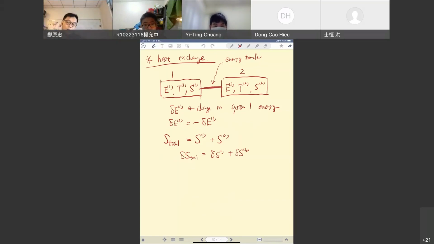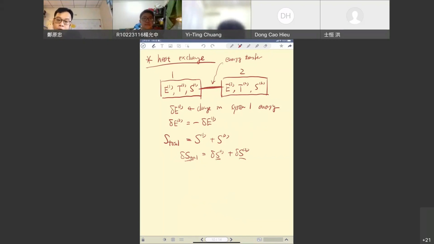And our argument is that the change of entropy must be smaller than 0 around the equilibrium point. Sorry, not energy, entropy. So how do we estimate this small amount of change in entropy?